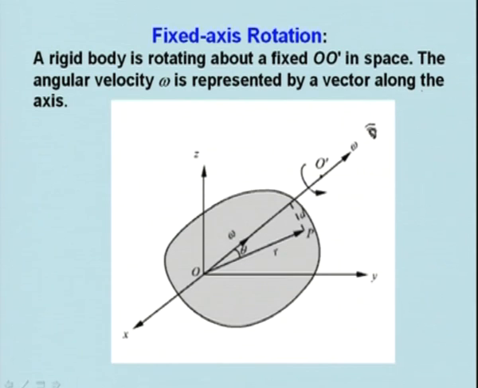Our convention is that the axis about which the body is rotating will represent the vector of the angular velocity. The angular velocity vector has the direction along that axis, and its magnitude is of course the magnitude of omega.